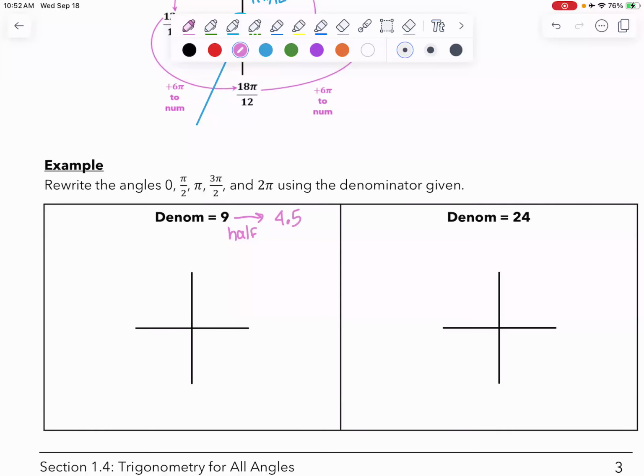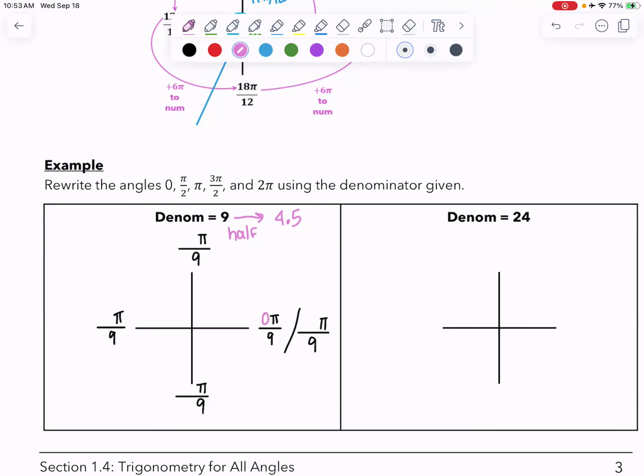We'll have decimals in our numerator and it will work out fine. No need to worry. So for all of the spokes, it's going to be something pi over 9. I can just fill these in right away.